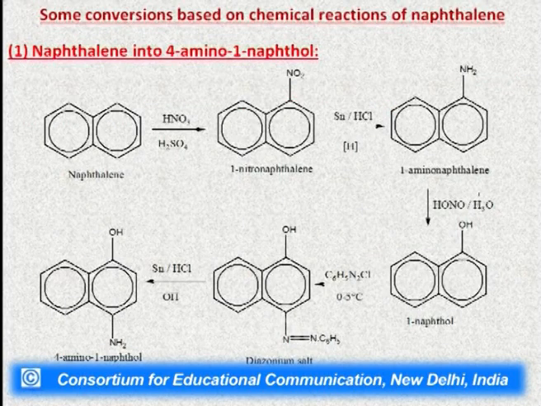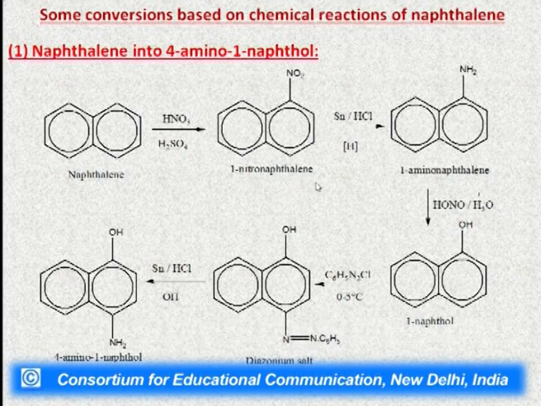Now based on this naphthalene, there are some conversions based on the electrophilic substitution reaction of naphthalene. If we have to convert this naphthalene into 4-amino-1-naphthol, what do we have to do in this case? First we will do the nitration on the naphthalene ring, and here on reaction with nitric acid and sulfuric acid, we will get the nitration at the alpha position of the naphthalene, and we will get the 1-nitronaphthalene.